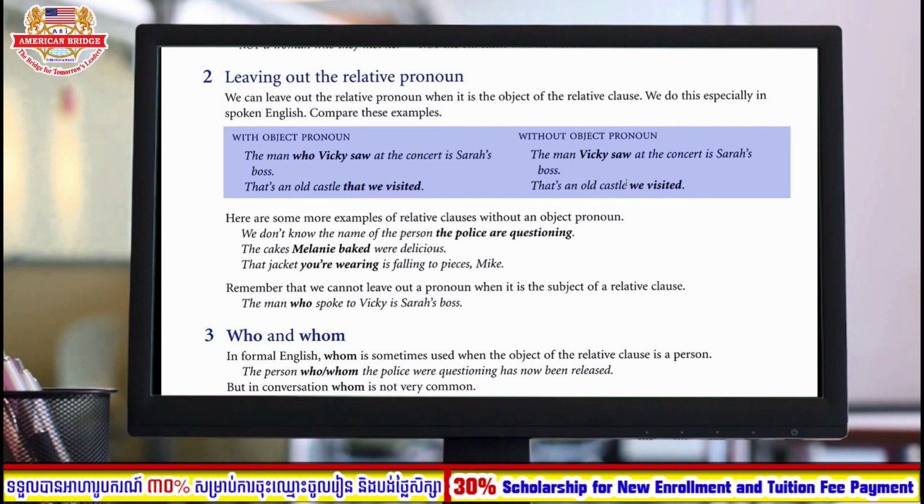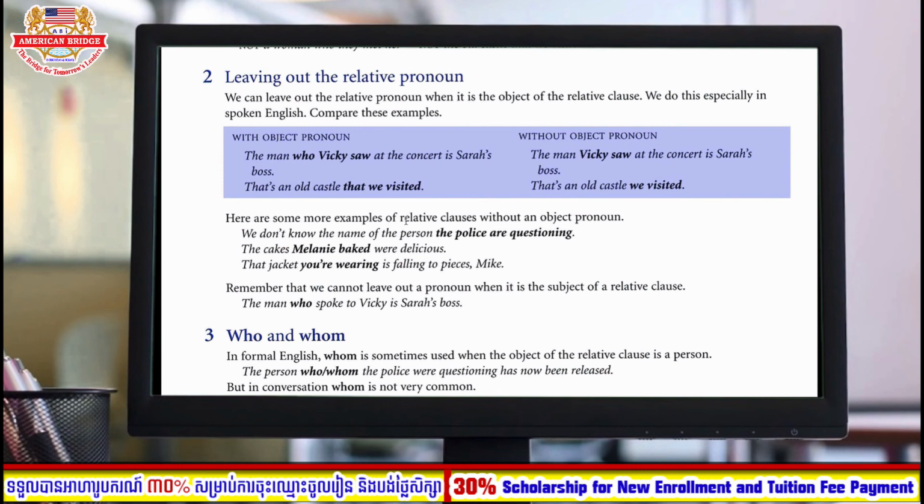So there's an old castle that we visited, so you can leave it out as well, because here it is the object pronoun. So you can leave out the relative pronoun when it functions as the object. Okay.